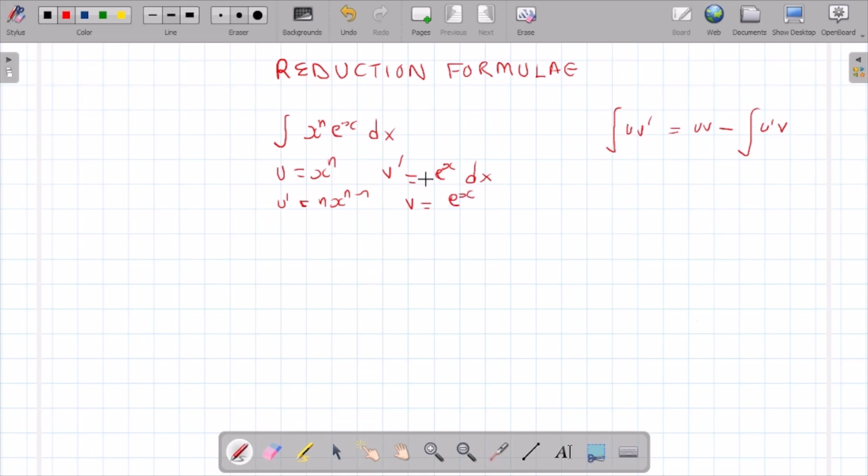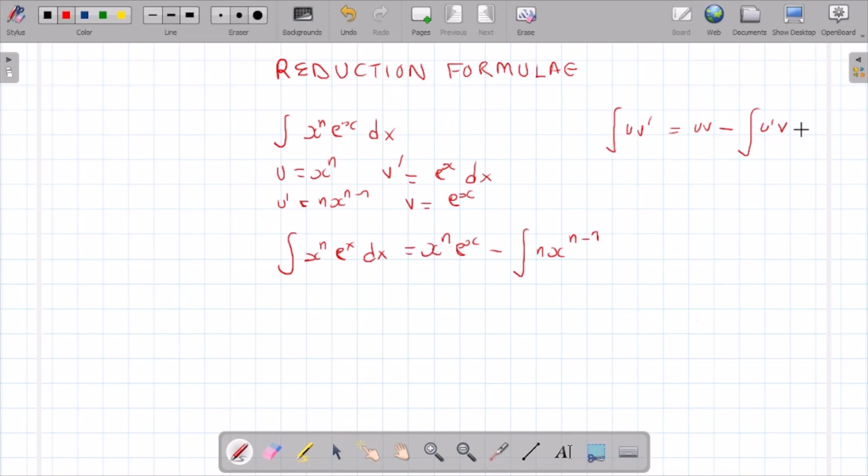Great. Now this means that the integral of x to the power of n e to the power of x dx is going to be equal to, what is our u? Our u is x to the power of n. What is our v? Our v is e to the power of x, minus the integral of, what is our u prime? Our u prime is n x to the power of n minus 1.